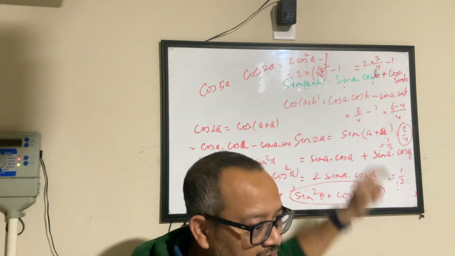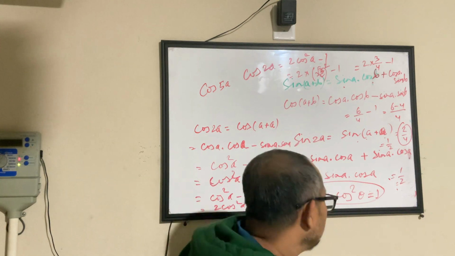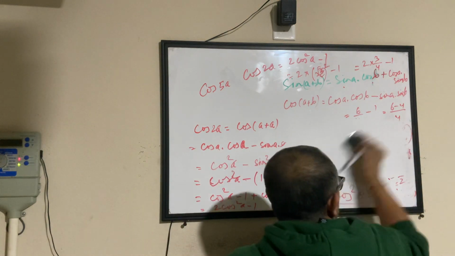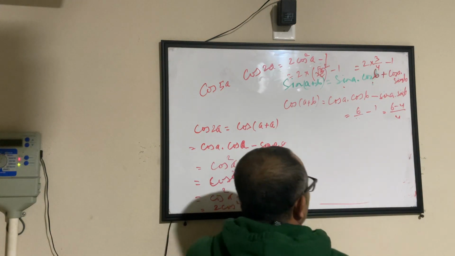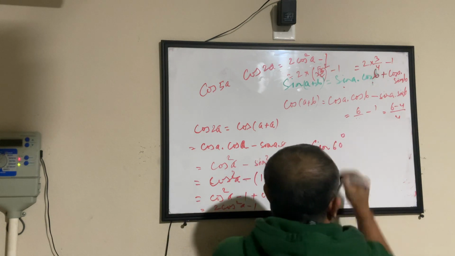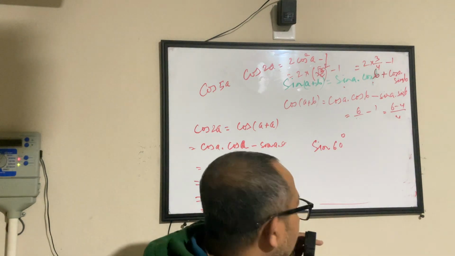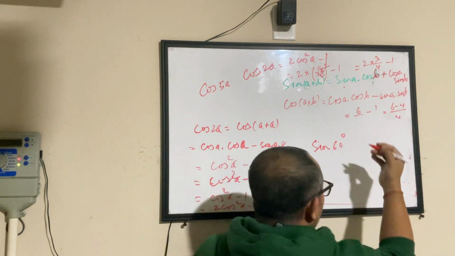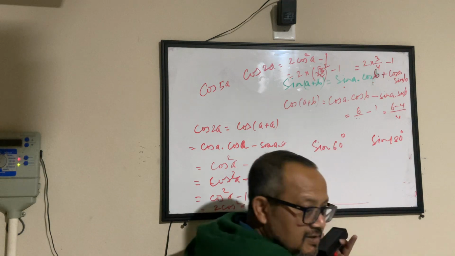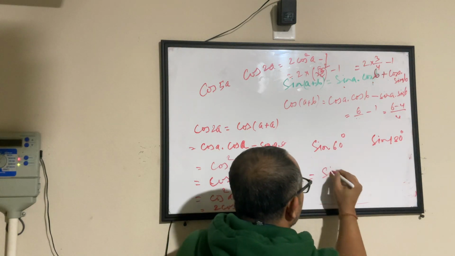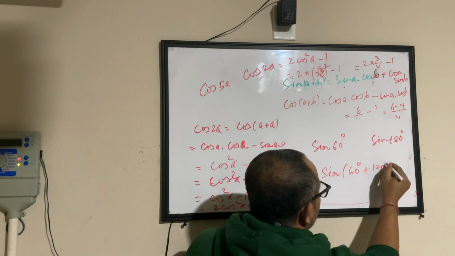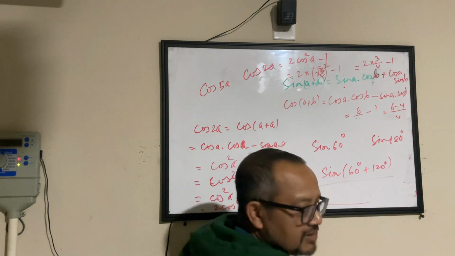Right? So likewise, a classic example could be if you know the value of, let's say, sin 60 degree, can you derive the value of sin 180 degree? Yes, you can say, okay, this equals sine of 60 degree plus 120 degree, and then you can go on splitting.